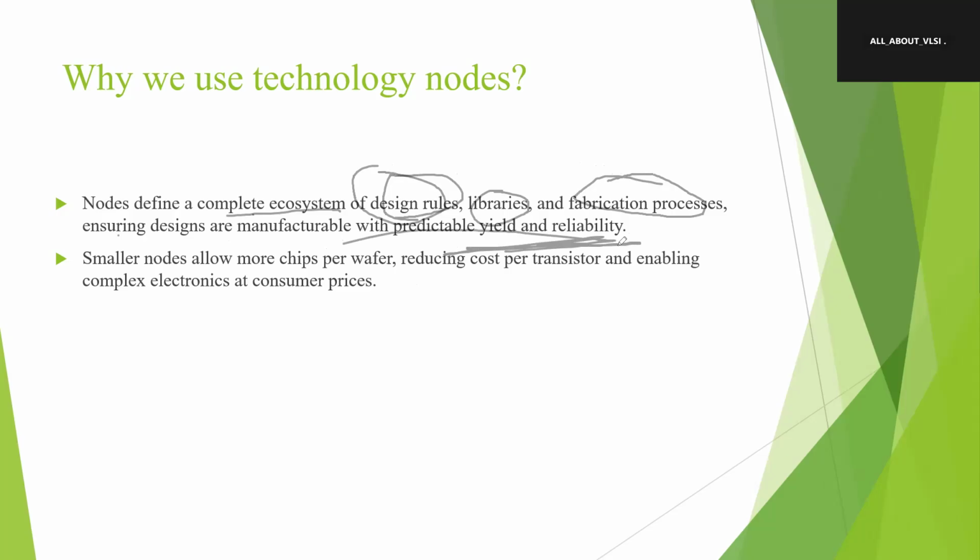So all these things are mentioned in technology nodes. If we consider one technology node, 28 nanometers, by hearing this word itself, we can say this chip's performance is like this, this chip consumes this much power, its yield is this much, reliability is this much. For this purpose, we mainly have technology nodes.